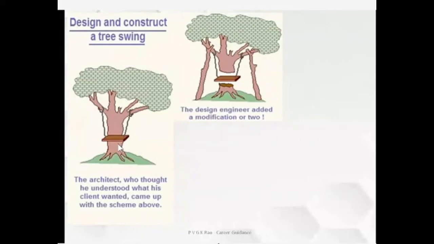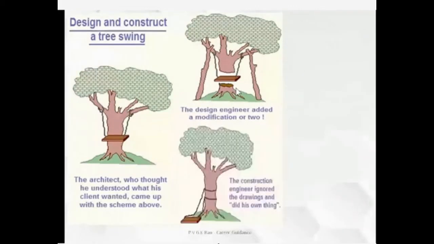So what the design engineer did, the design engineer made some modifications to the sketches given by the architect, and he constructed. So what he did, he connected two holes here. He cut the bark, and he constructed this. And then the design engineer handed over this design to the construction engineer.